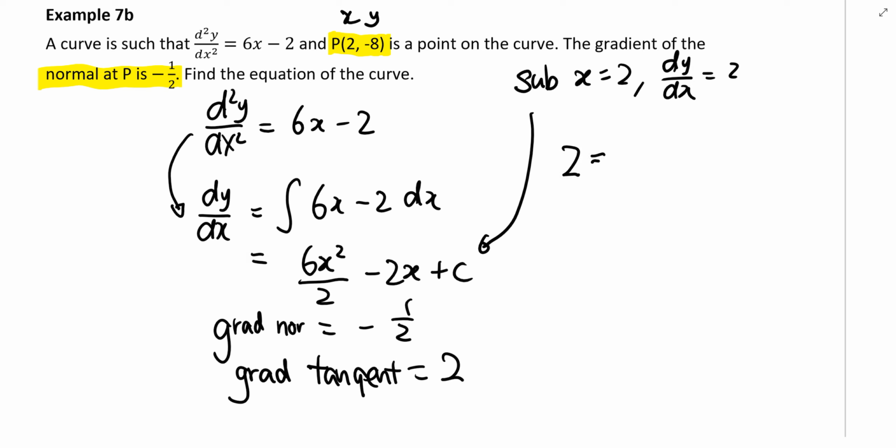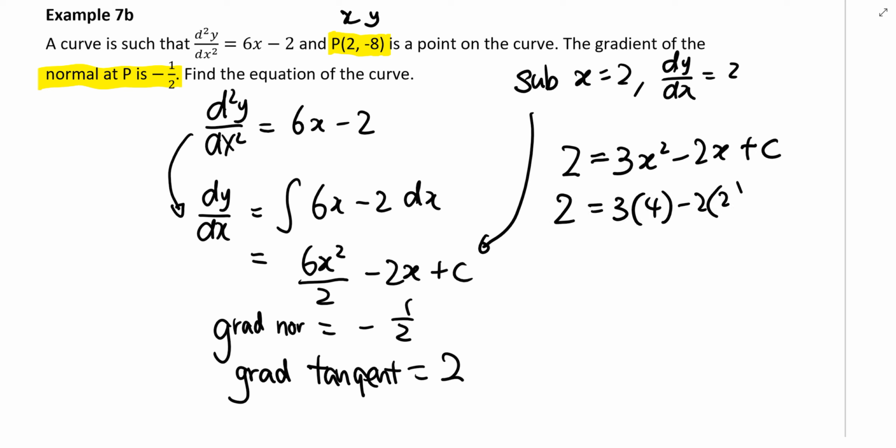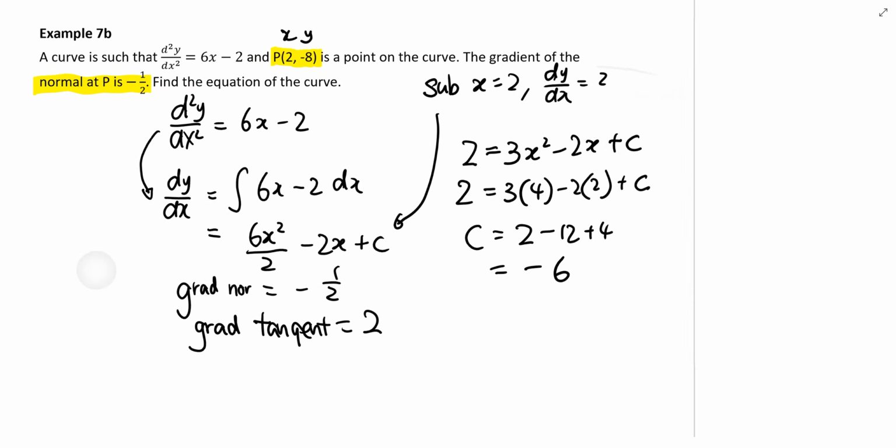So 2 equals, let's simplify the equation, 3x squared minus 2x plus c. We already know that x is also 2, so 2 is equal to 3(4) minus 2(2) plus c. So c is equal to 2 minus 12 plus 4, which is negative 10 plus 4, negative 6. So that's my first c.